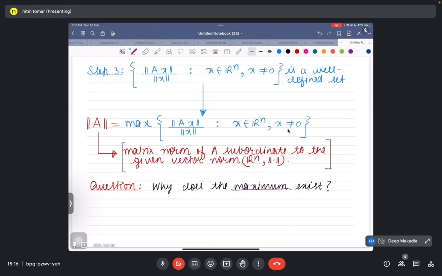It is not a finite set. If it had been a finite set, then obviously yes. But since it is not, why should I believe that this maximum exists? This was the question raised by Vishwa. Now, can anyone answer why this should exist?